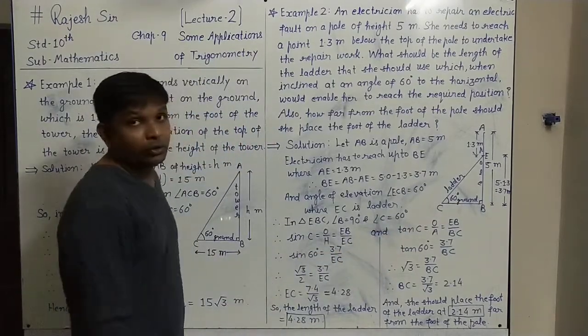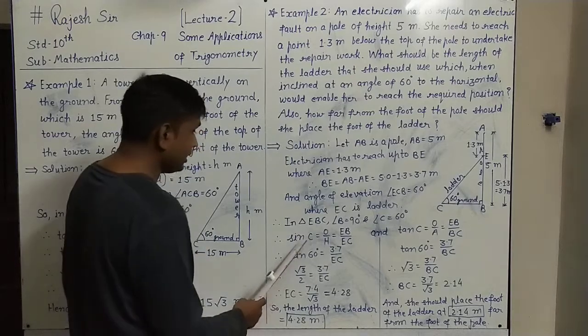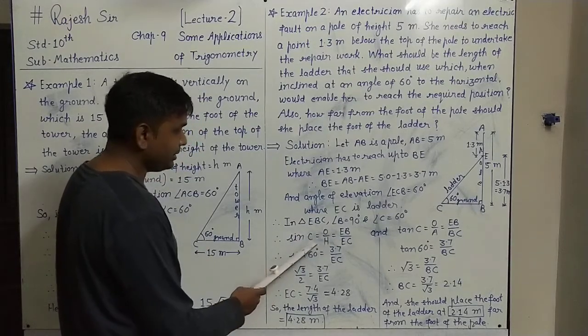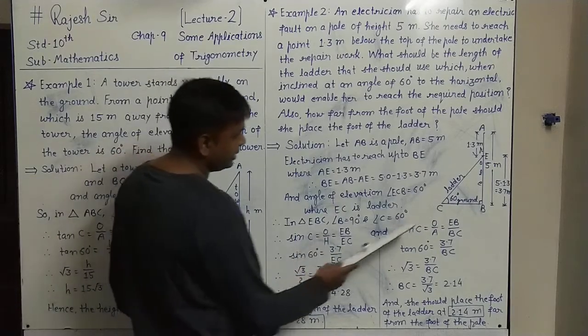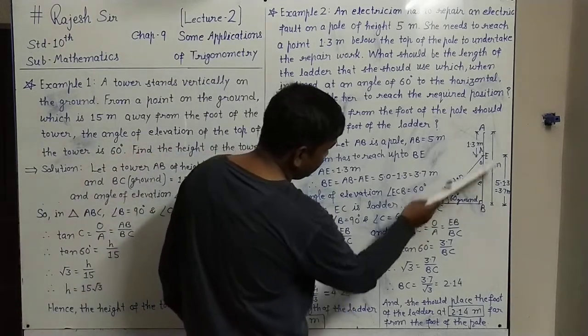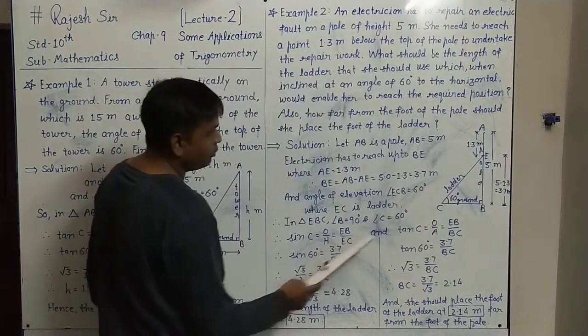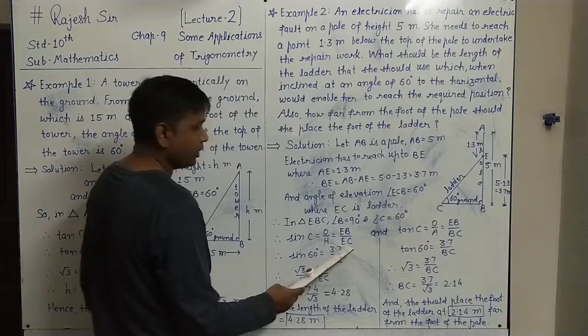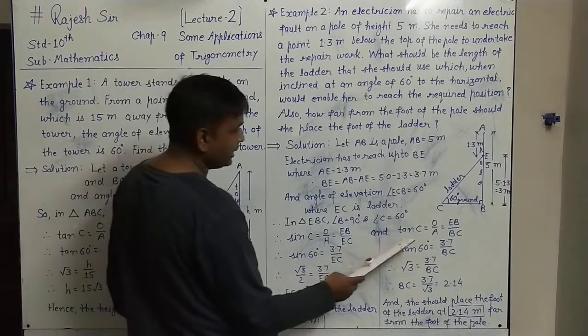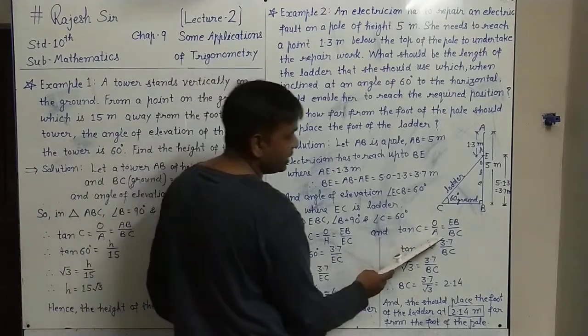By the trigonometric ratio formula, sin theta equals opposite upon hypotenuse. So sin C equals opposite upon hypotenuse. Angle C's opposite side is BE or EB, and the hypotenuse, opposite the 90 degree angle, is CE or EC. Similarly, tan theta equals opposite upon adjacent.